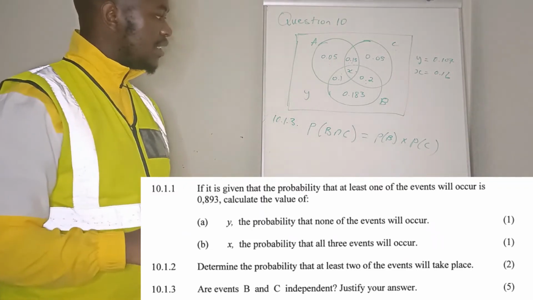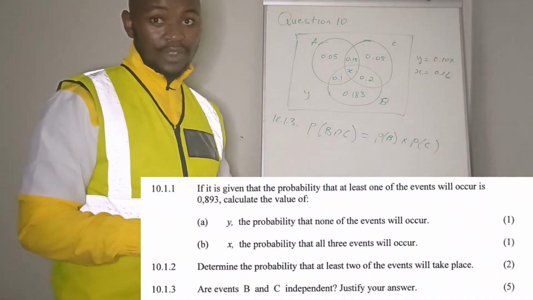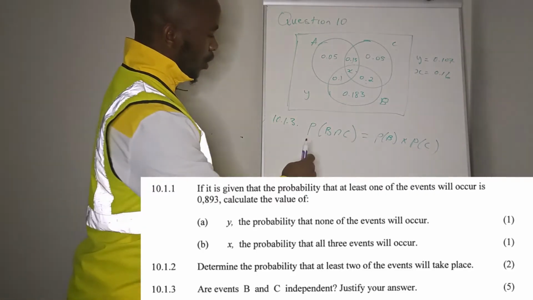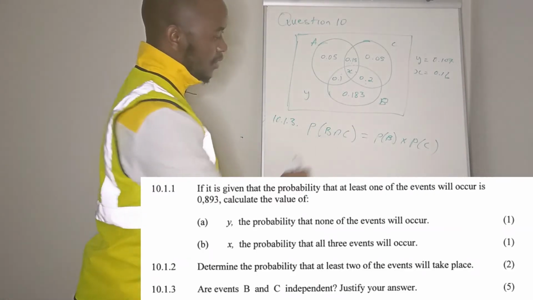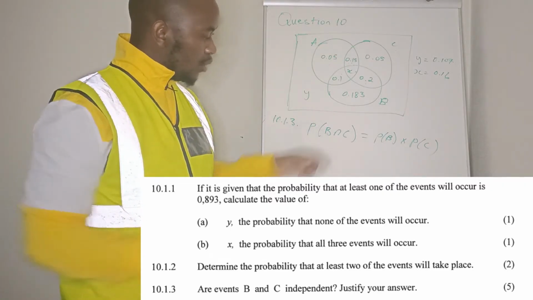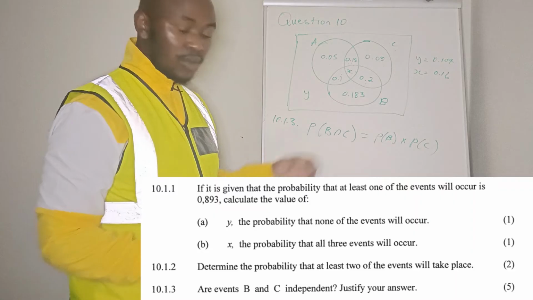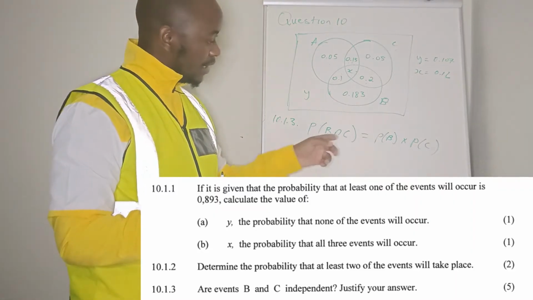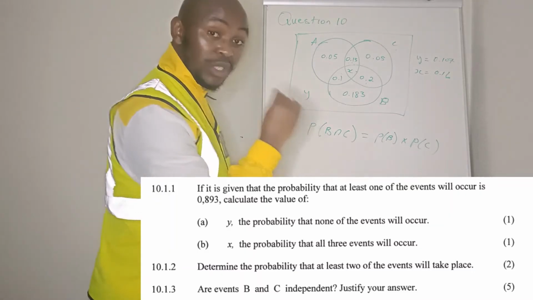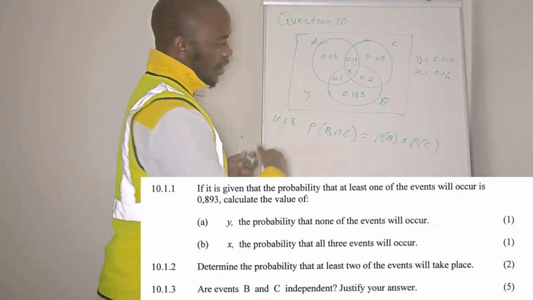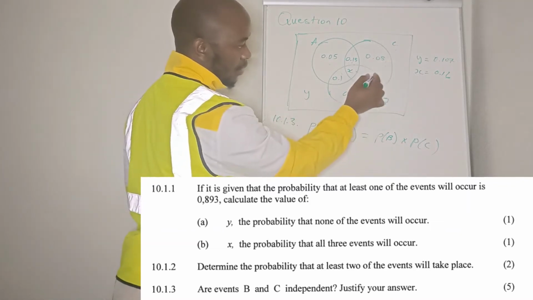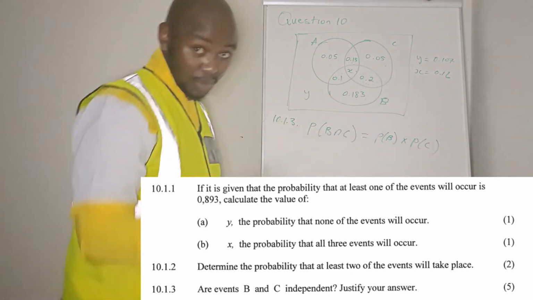Alright, so let's dive into what these mean in terms of our Venn diagram. When we look at the probability of B and C, this is the probability that at least B and C happen. So in which cases do B and C occur? If we look here, B and C occur at the same time here. But is that the only time?